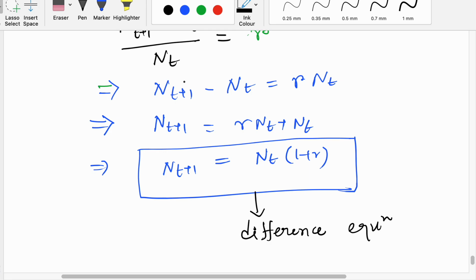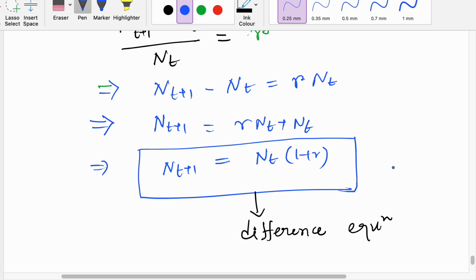It is a predictor of the population, because if I only know the current generation's population size, it can predict the next generation's population size. That's how we write the discrete model for the unlimited resource.